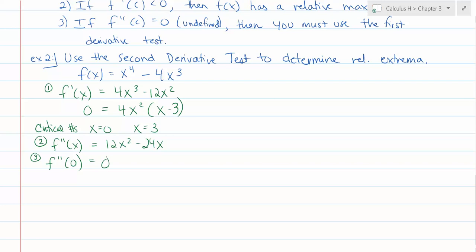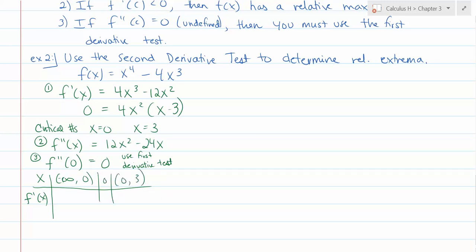Well, I end up getting 0 out, so that means I need to go back to my first derivative test. Negative infinity to 0, and then 0, and actually just up to 3 because that would be my next critical number.